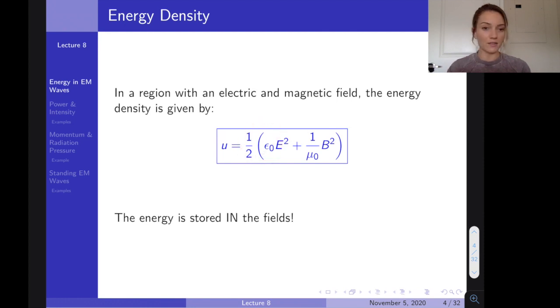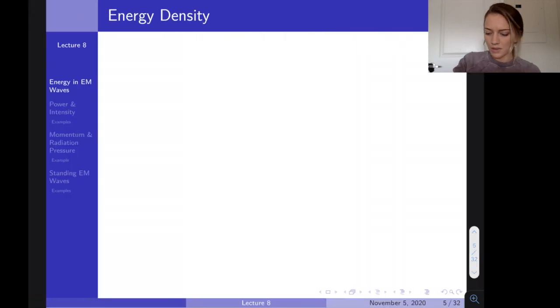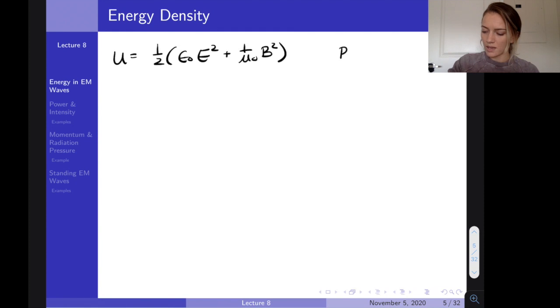Now let's look at the electric and magnetic field components a little more closely. I'm going to rewrite our energy density formula. We know that the electric and magnetic field are related by the speed of light, so I'm going to replace the magnetic field with E over c, giving E squared over c squared.